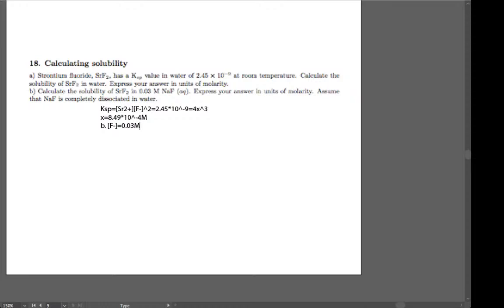So we can just find what Ksp is. SrF2 should result in Sr2+ and F-.